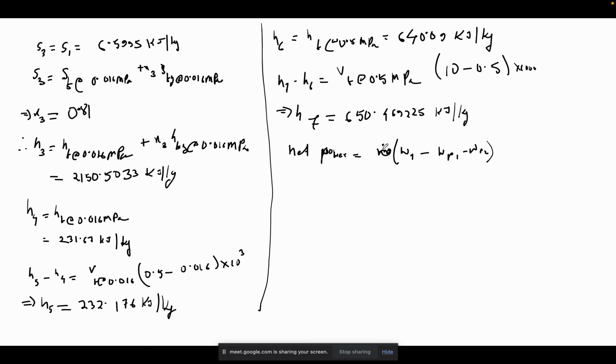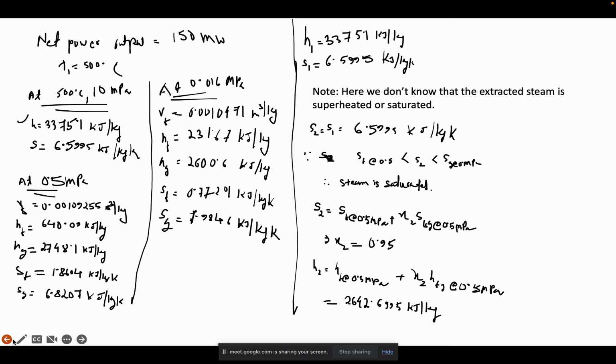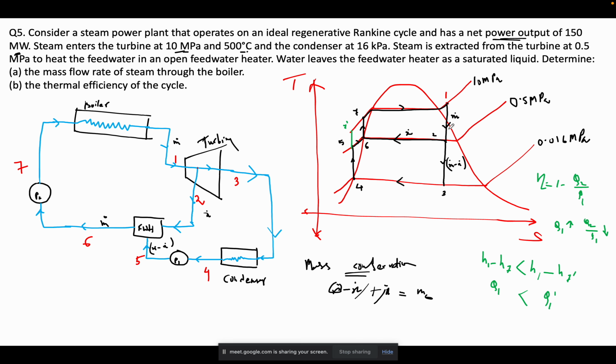Now the turbine has got two works. Basically, for this initial part of the expansion the mass flow rate is m dot, and for the next part the mass flow rate is m dot minus x dot, isn't it?